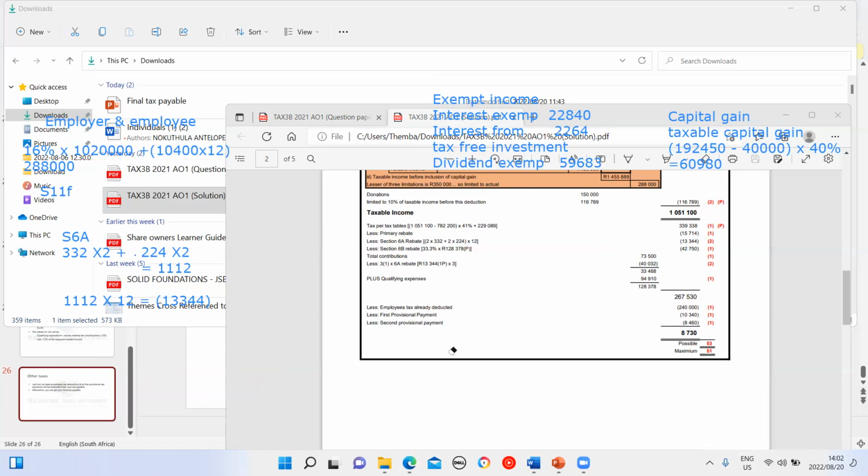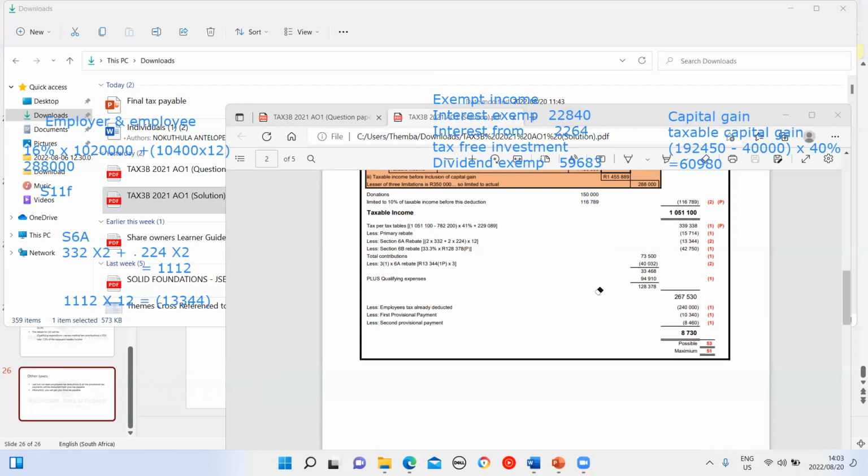So what simply happened is that we got the section 6A rebate correct, but in order to get the excess, you have to multiply the section 6A rebates by 3 and deduct it from the total contribution, and that will be part of the amount that we use to calculate the section 6B rebate.